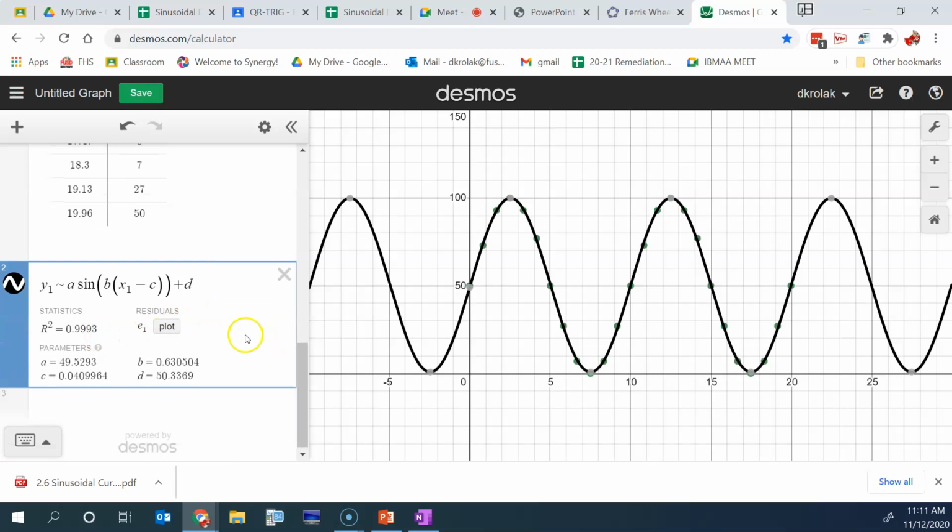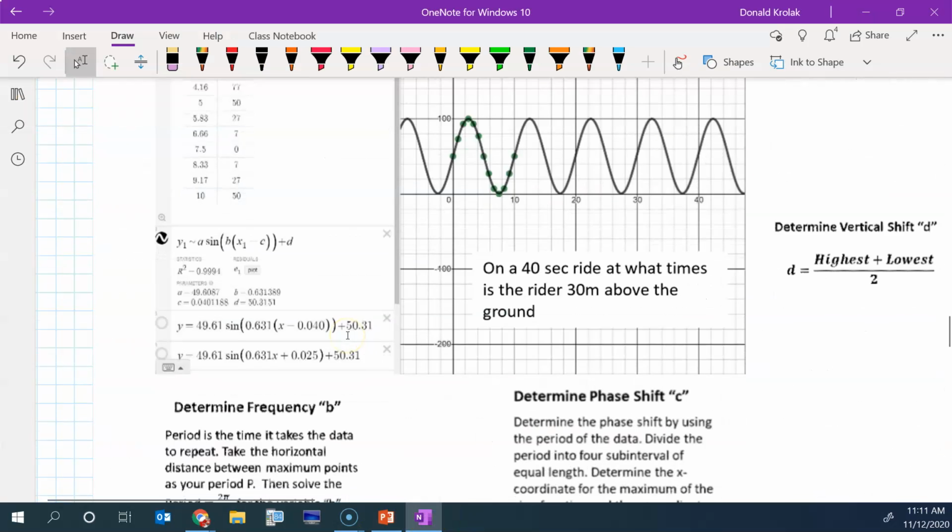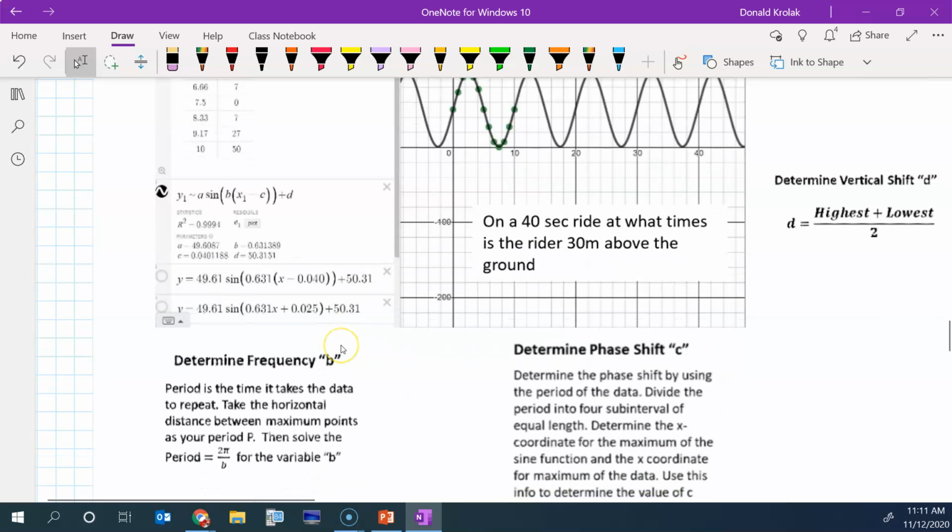Now, this number right here, it tells you how good of a fit it is. I mean, just by looking at it, it's a pretty good fit, all right? The number that you look at to determine how well it fits is this number right here. So you're going to circle it, all right?